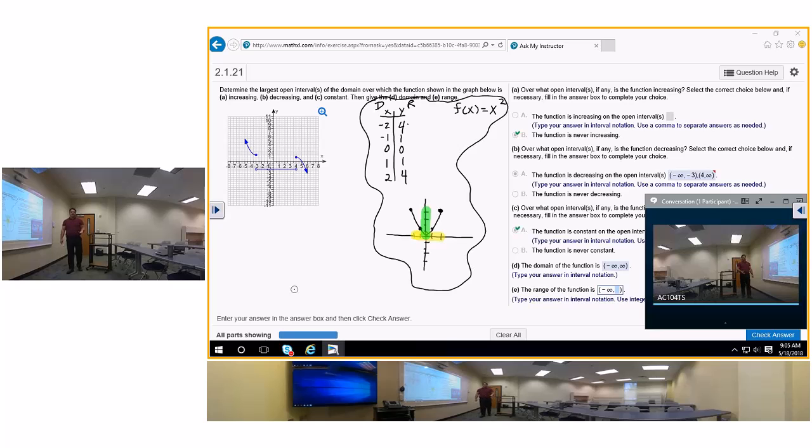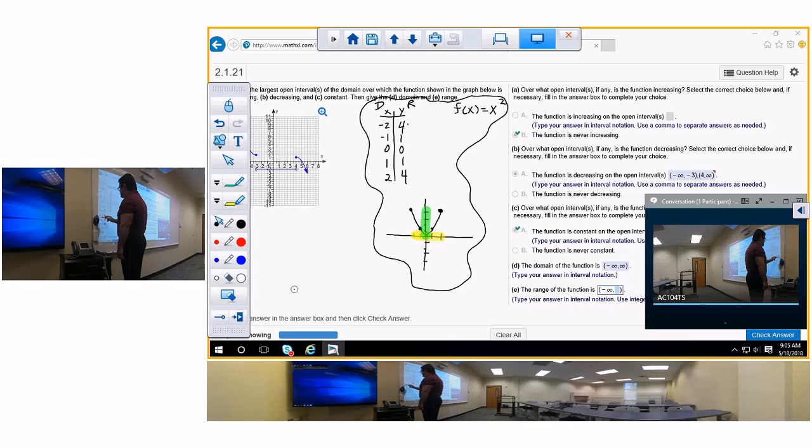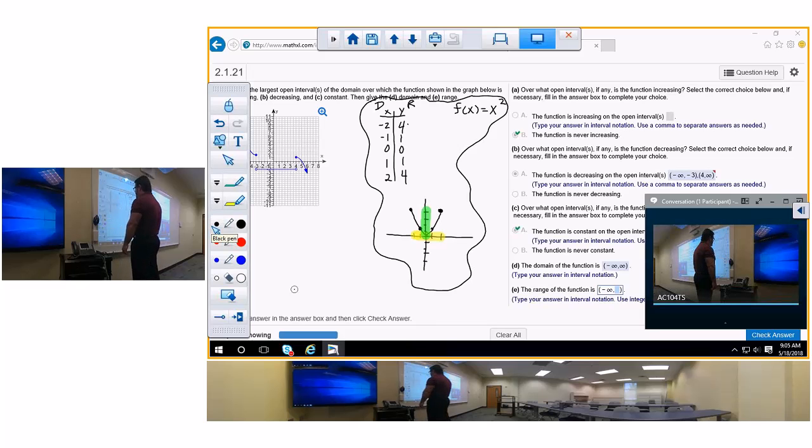So that's why I did it, mainly for the online class. So don't try to take an online class and not use the videos. I have had students try that in the past. They weren't too successful. All right, so let's look at the domain and range of this function.